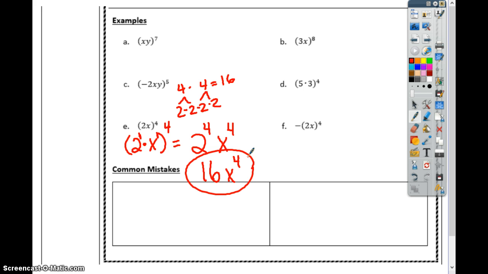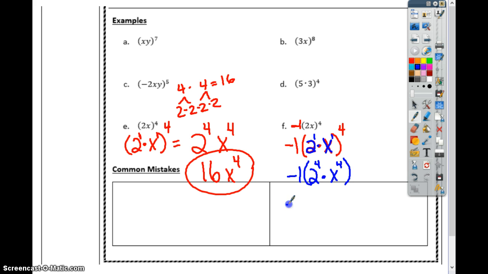Now here we have a negative on the outside. So the negative is separate. That's like a -1, or assumed 1. -1 times 2 times x to the 4th power. Now here my terms are 2 and x, my factors. So bring my -1, that's separate, that's on the outside, times 2, or 1 times 4 is 4, so we have 2 to the 4th power, times x to the 1 times 4, 4th power.